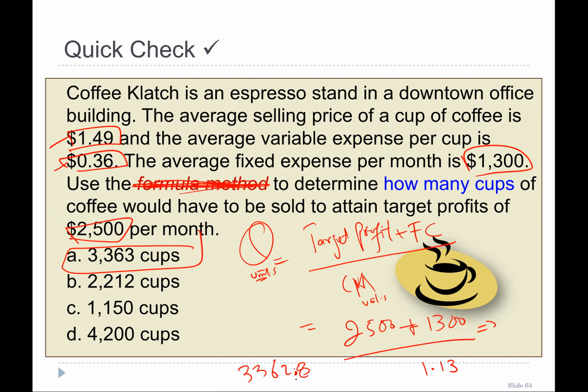So we cannot make 0.8 of a cup. It's better to write down 3,363. Good. Right? So whether you can remember or it makes sense to you to use the formula method, use the formula method. If it makes sense to you for the equation method, use the equation method.